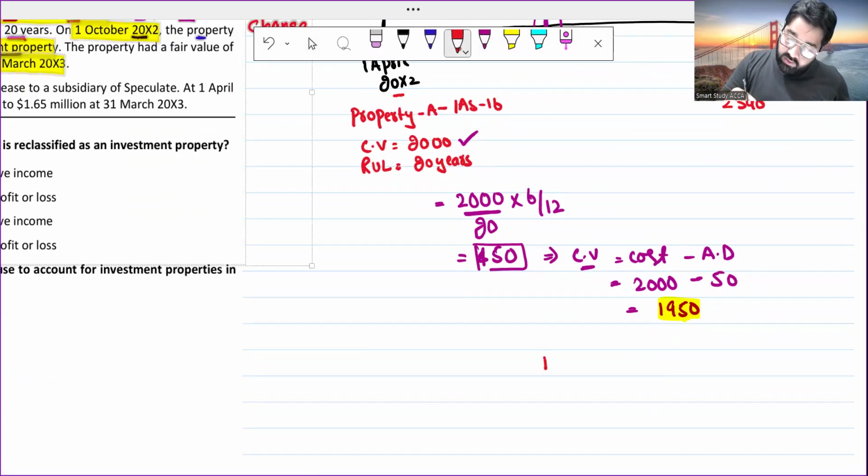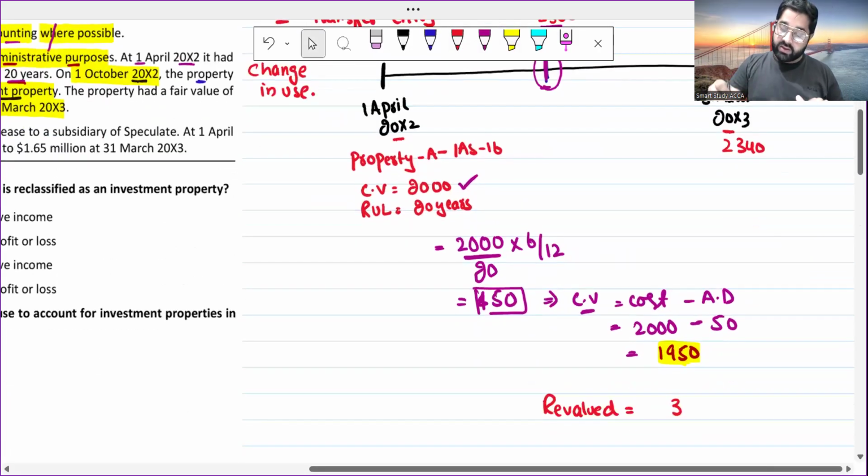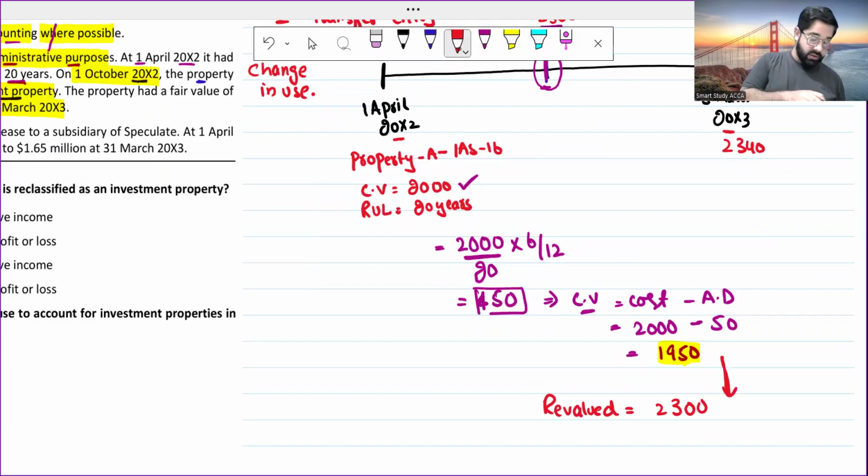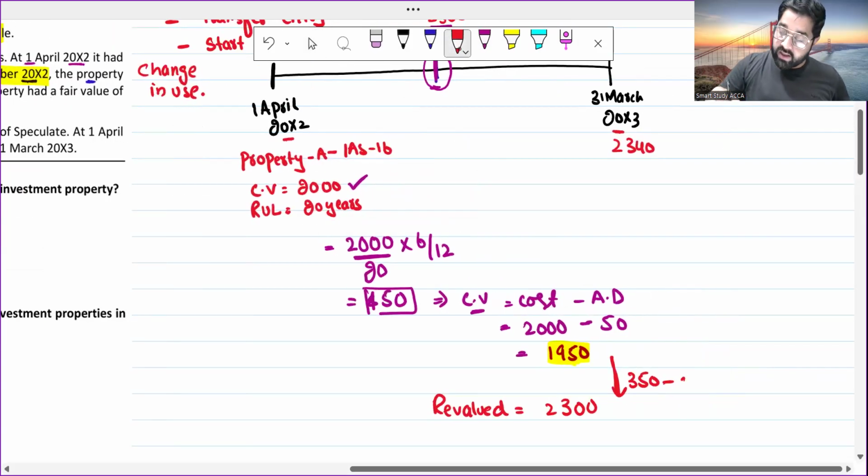Now the revalued amount of this property is 2300. Now there is an upward revaluation of this property by which amount? That is 350. Now it is an upward revaluation, and upward revaluation will be classified in other comprehensive income.